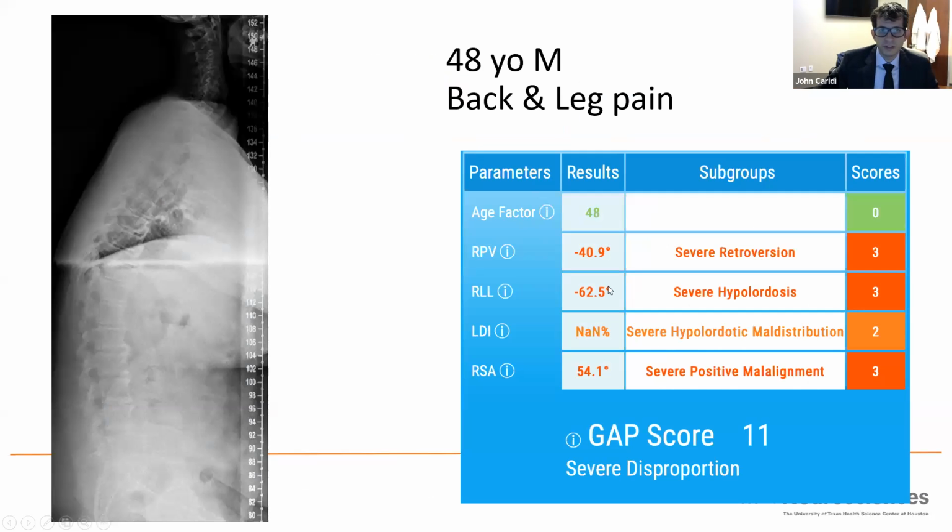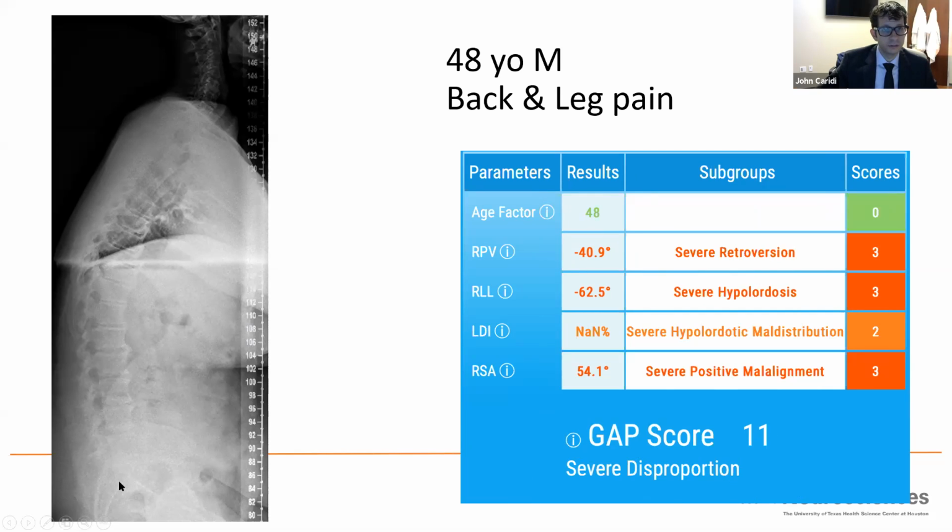So this is an example of a patient who showed up in my office a few years ago. He's a 48-year-old with severe back and leg pain. He'd been through the typical non-operative therapies. And you can see this is his analysis, and his GAP score is 11.